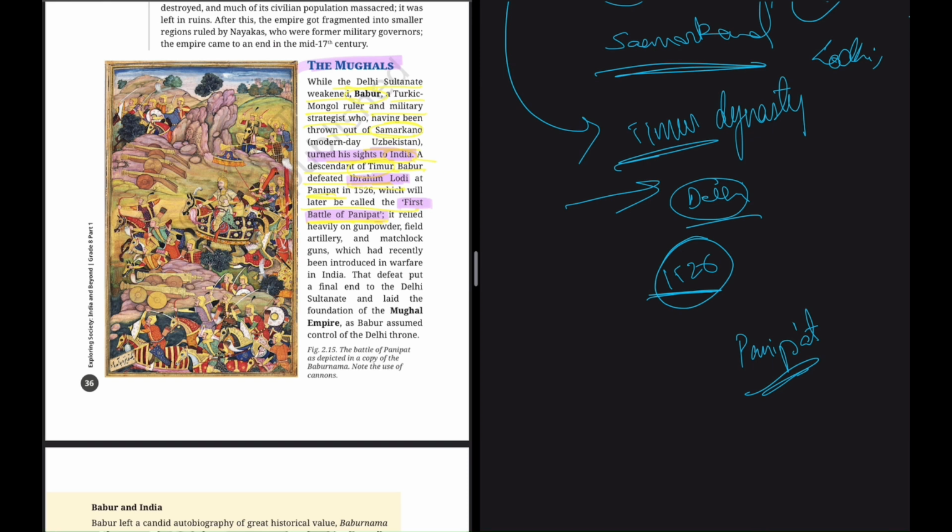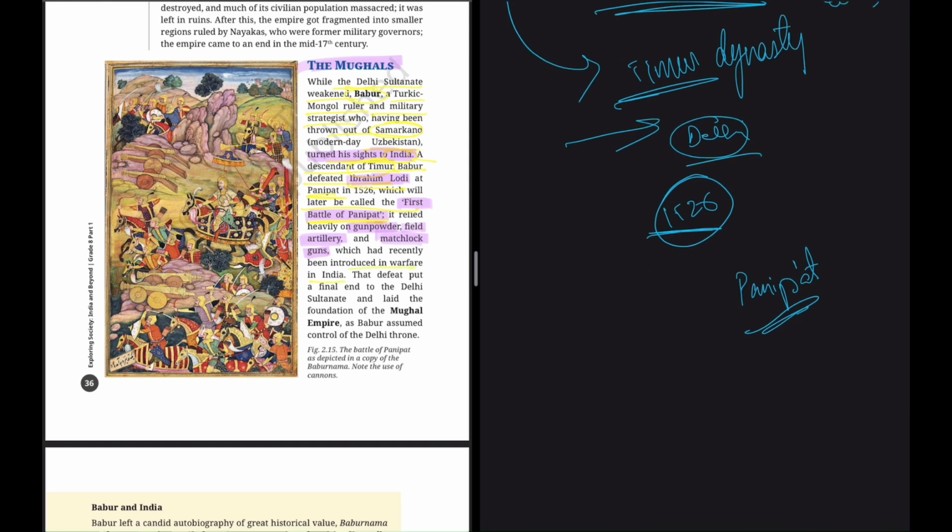And it relied heavily on gunpowder, field artillery, and matchlock guns, which had been recently introduced in warfare in India. Previously in India, we did not have gunpowder and field artillery, because there were only bows, arrows, knives, and such things.